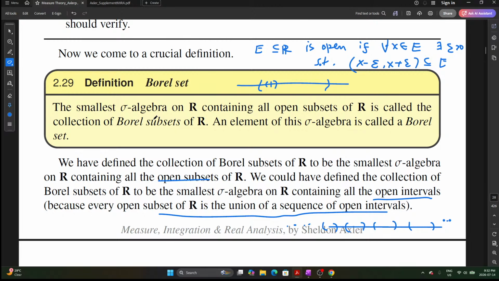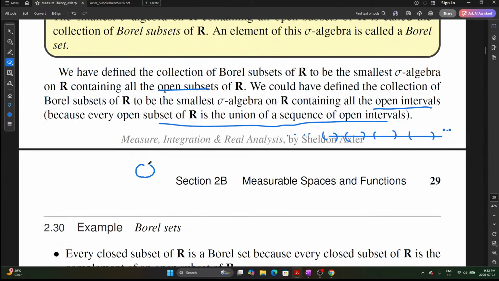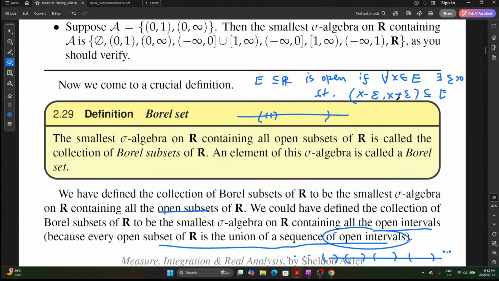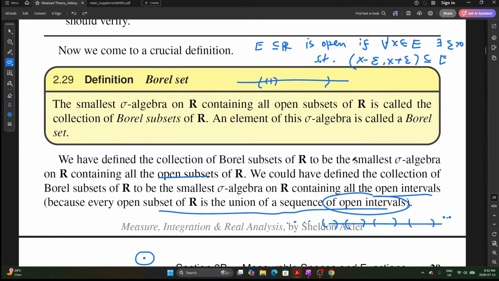Actually, you know what? I take back what I said. In R2, you would use open balls instead of open intervals. Open intervals in R1 are essentially open balls, the intervals from x minus epsilon to x plus epsilon. In R2 you can also talk about open balls.